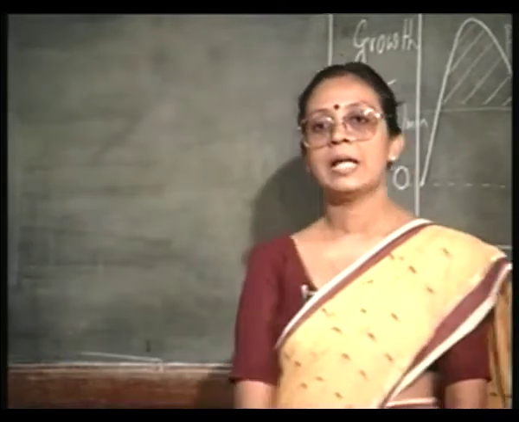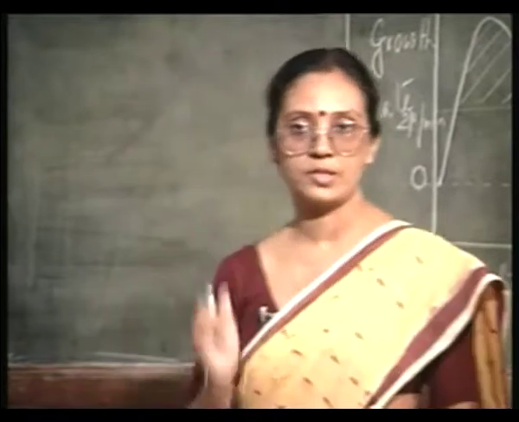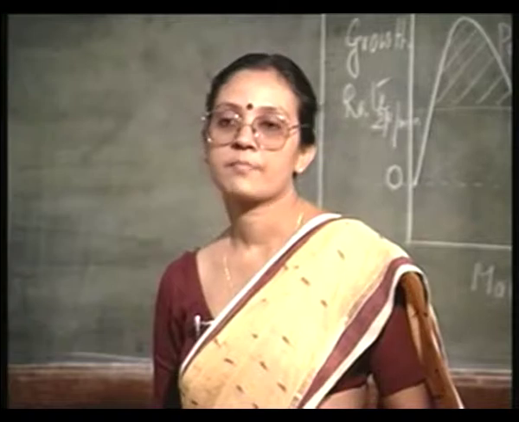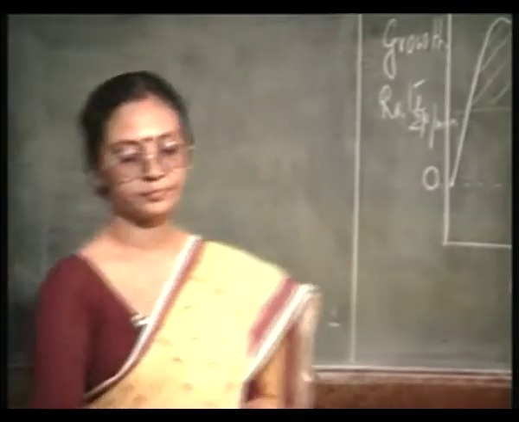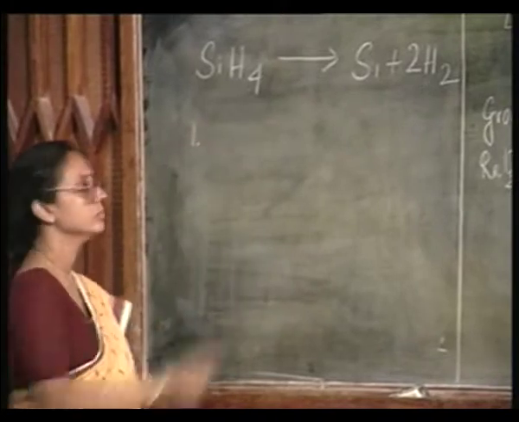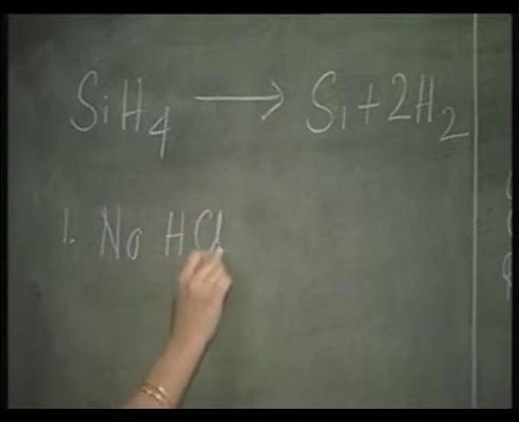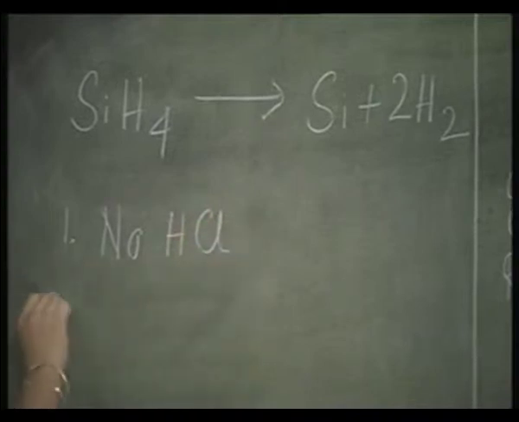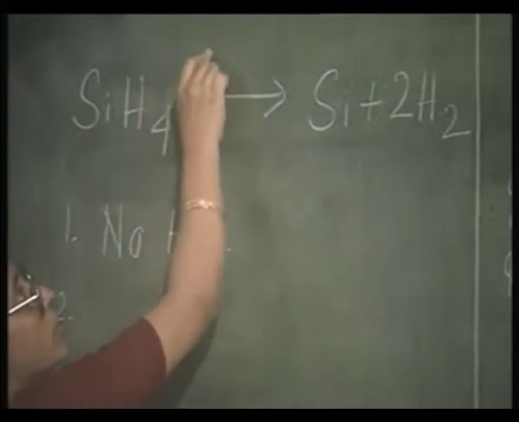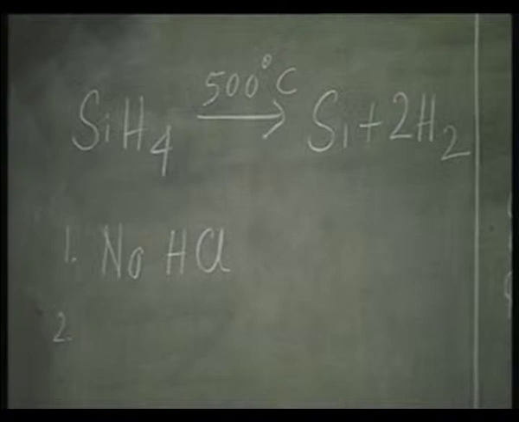So, the advantages of using a silane process over a chlorosilane process are, number 1, no HCl. Number 2, this reaction takes place at a relatively lower temperature. By 500 degrees centigrade, silane will start decomposing.